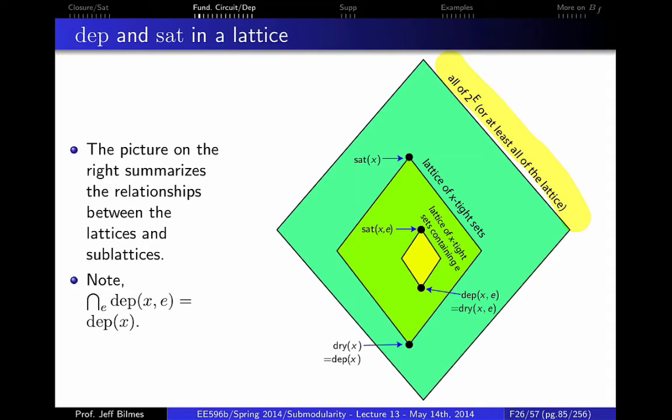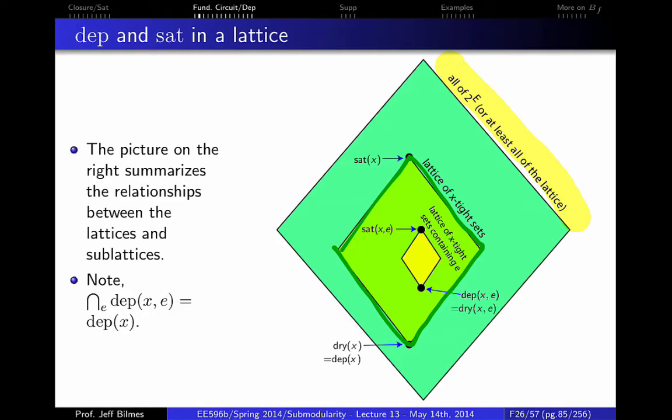But here, let's just start from the ground set. So this big green diamond is the ground set. It's 2 to the E, so it's all subsets of E. Now this inner diamond, this one here, we choose a particular x.